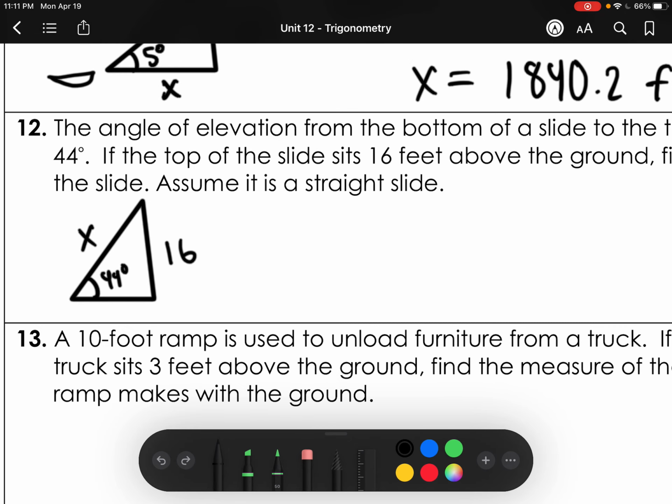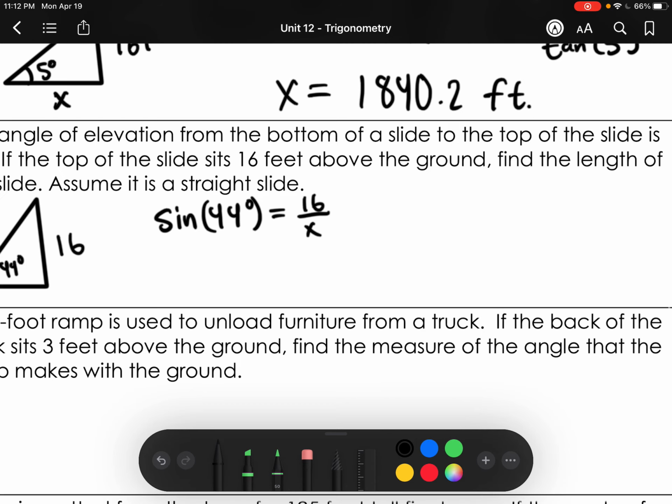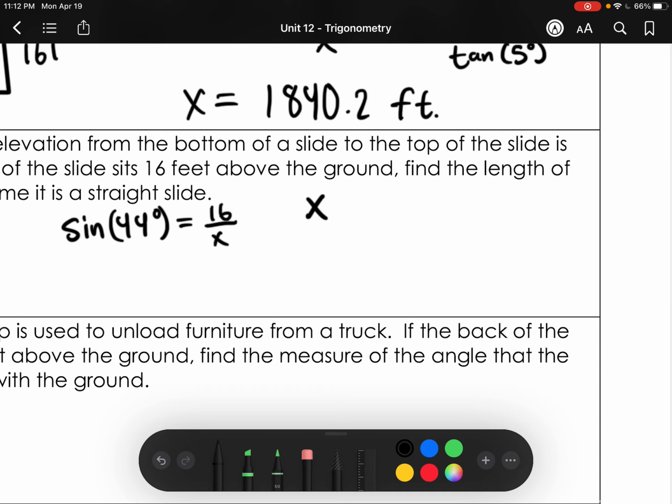Sine of 44 degrees is equal to opposite over hypotenuse, so 16 over x. Just like the previous example, we're going to switch these two when we write it in terms of x. So x is equal to 16 over sine of 44 degrees.